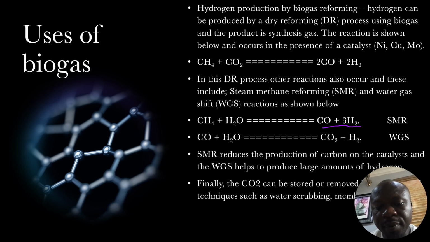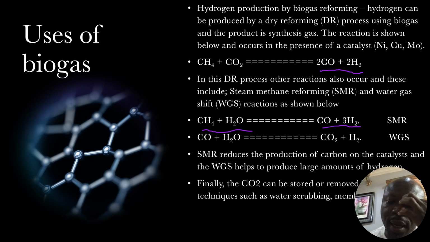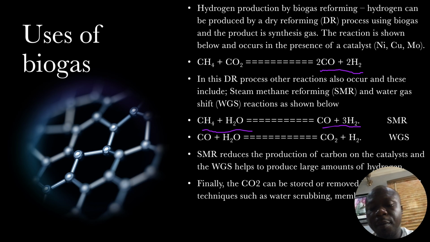Remember, methane and water is produced when we combine carbon monoxide and hydrogen. It gives us our pure methane and water. And now our pure methane and water, through the steam methane reforming, can be used to get our carbon monoxide and hydrogen.